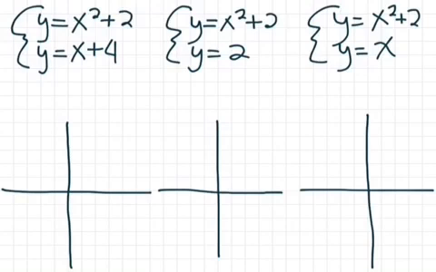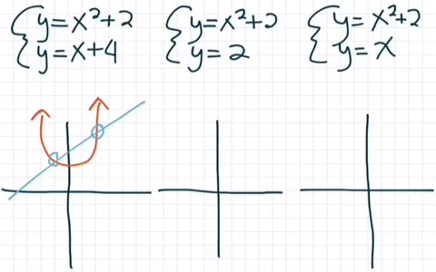Let's look at the first system here. We're going to have a parabola that goes through like so, and we're going to have a line that cuts through the parabola like so. So we're going to have two solutions to that system. Our second system here, the linear equation is a horizontal line.